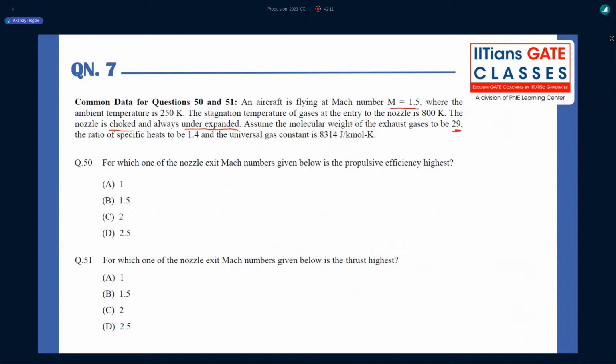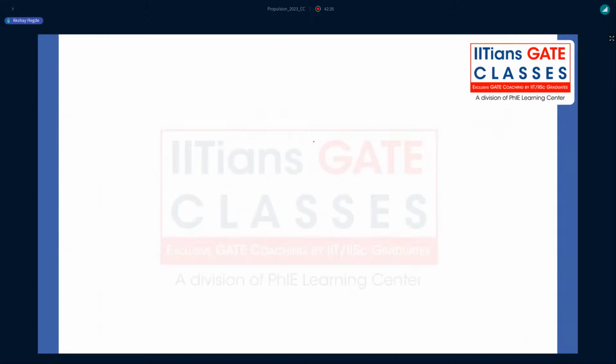They should have mentioned it. So let us assume it is a convergent-divergent nozzle. It's a very important assumption we have to make. So say I have an engine with a CD nozzle.